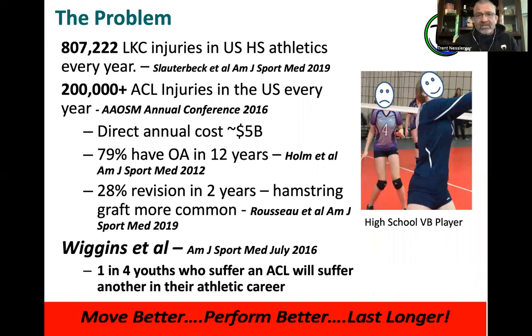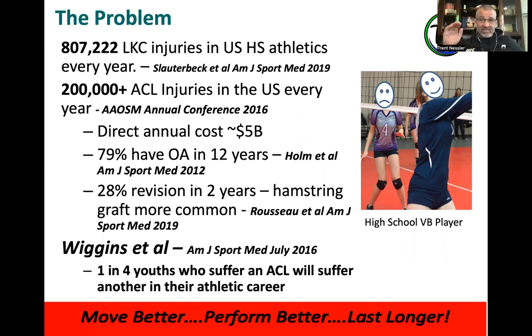So what really started me on this journey, as I shared with you, was kids coming into my office, but it was also the fact that unfortunately and sadly, the research really has not changed that much since I started practice back in 1997. There's over 807,000 lower extremity injuries in the US and in high school athletics every single year. And studies show that over 200,000 ACL injuries occur every year in the US.